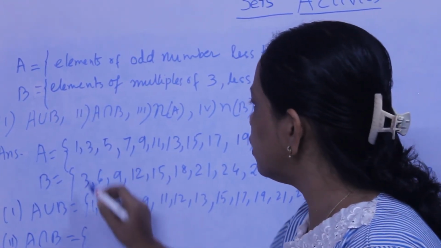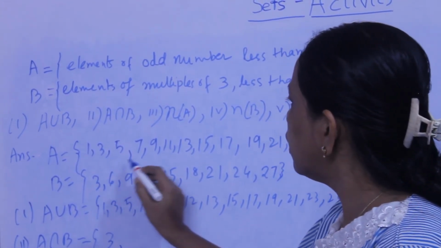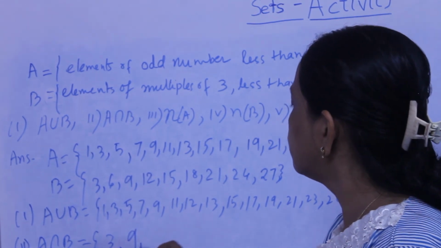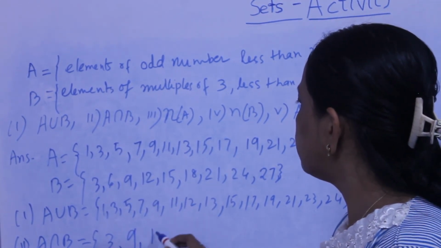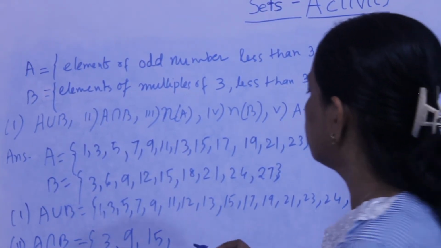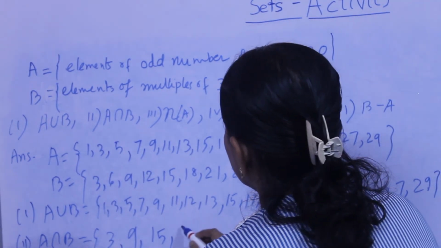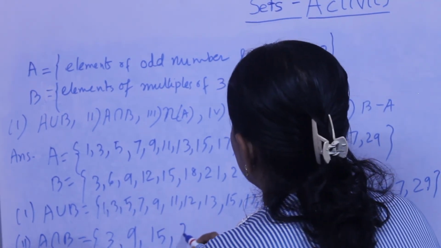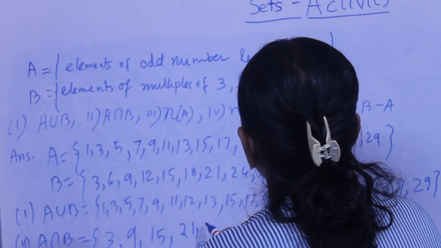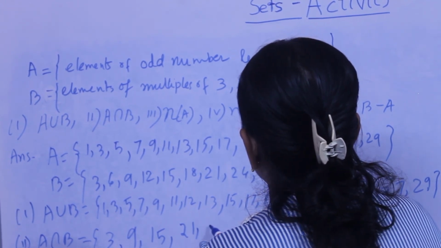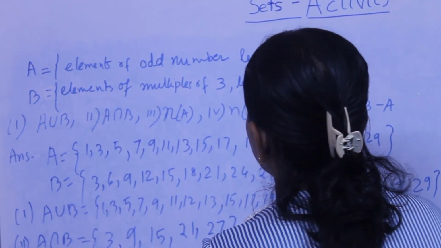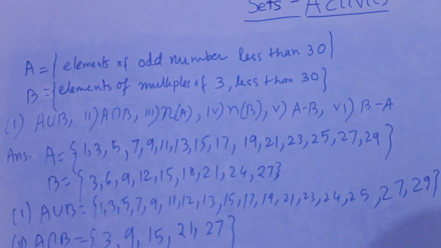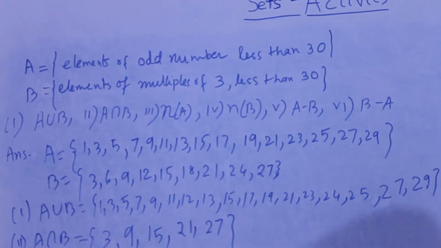So odd means 3, then 9, 15, 21, 27. So this will be A intersection B.